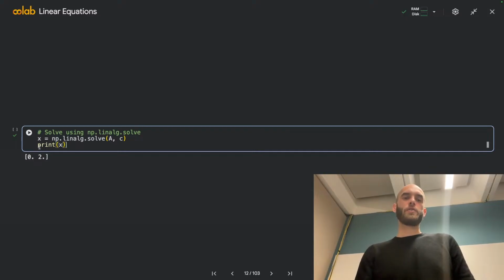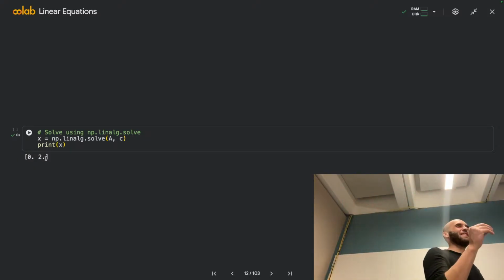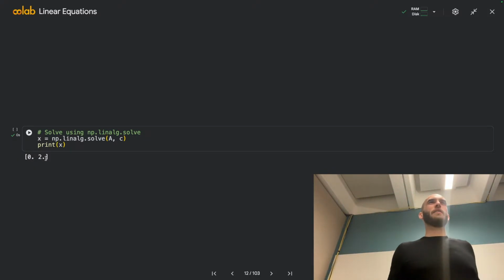This is going to solve for x. This is just the standard structure for how we do these things. When we run this and print out x, we get 0 and 2, which conforms to the analytical solution we found earlier.